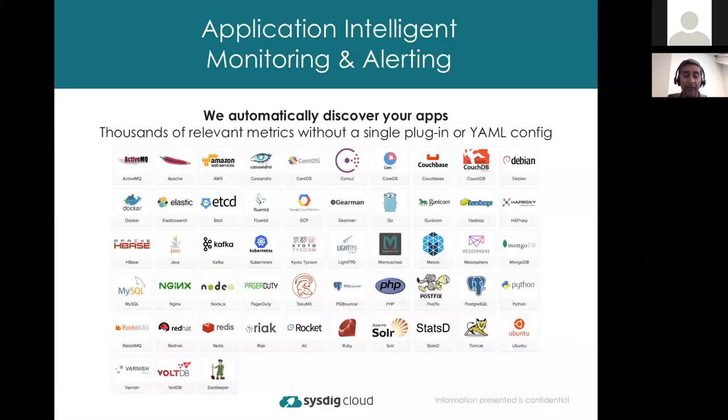Here's a quick view of all the apps today that we automatically discover, or I would call them components, which is a more appropriate word. I'm sure there's something here that you use on a regular basis. And if there isn't, we regularly release new application discovery components, so we'd be happy to work with you to make sure you've got what you need.